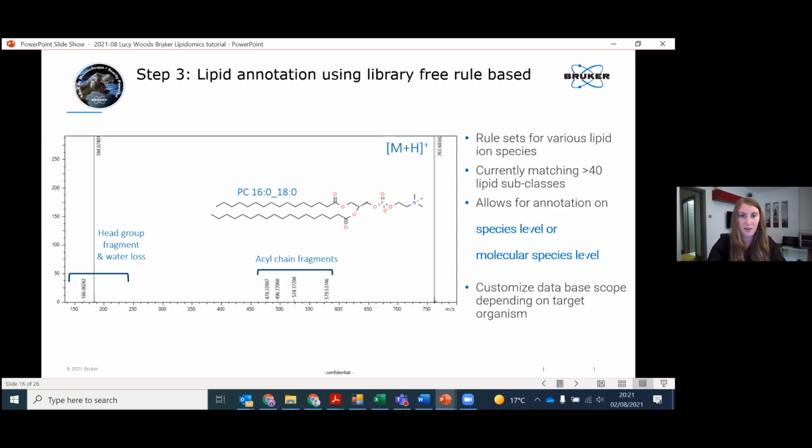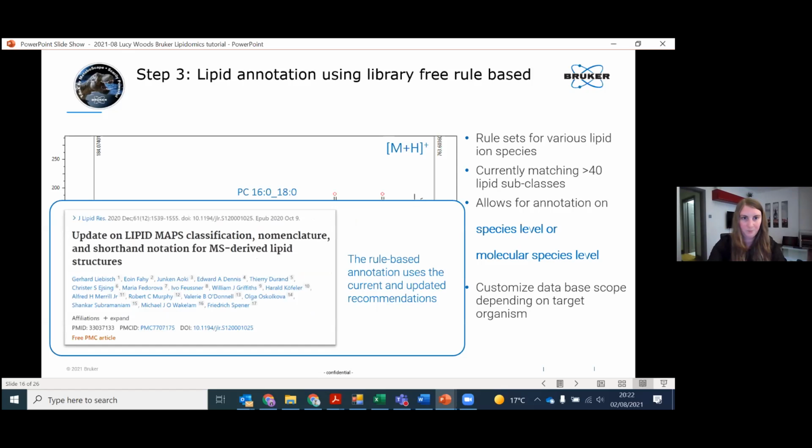And you can also set the maximum and minimum number of double bonds that you would expect to see within that sample, knowing a little bit more about the biological relevance of the sample that you're running. And the nomenclature that's used is from the latest review article from the Lipid Maps Consortium.